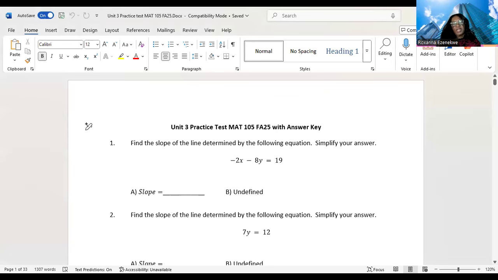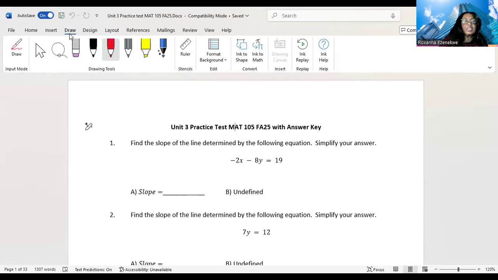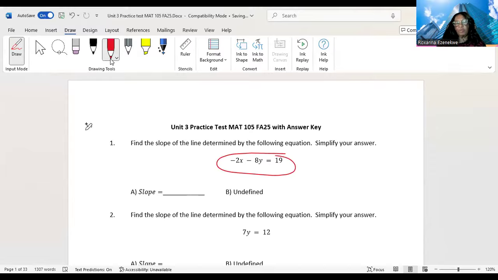So when we are given this kind of question, it says find the slope of the line determined by the following equation. The first thing you want to do is simplify or rewrite this equation, because the given form of the equation we have is the standard form.